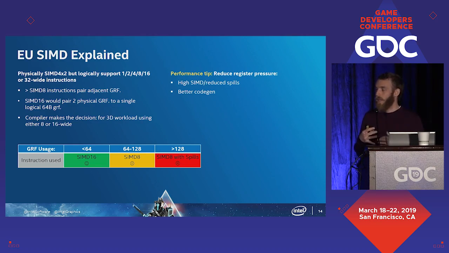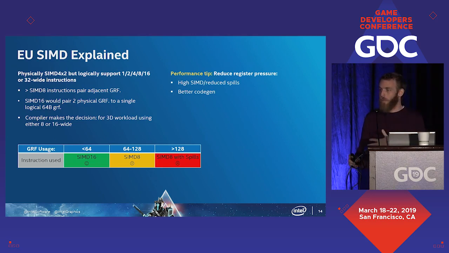The problem with that is if you use all of this memory, you're going to need to spill into memory, and that is terribly inefficient. So we always try to pick the best SIMDness for which we don't spill. For graphics workloads, it is the 3D compiler that decides whether we're running in SIMD8 or SIMD16.